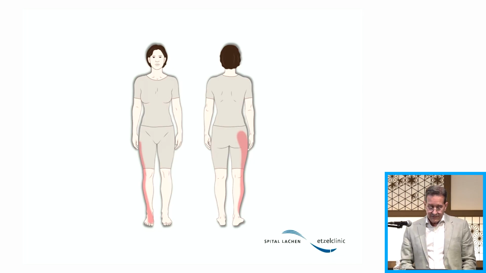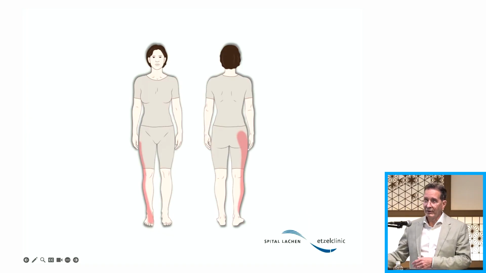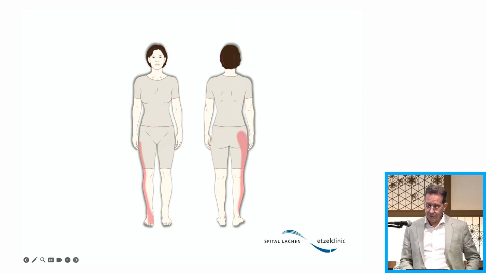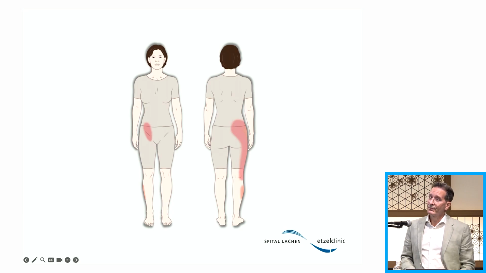Well, in fact, it's very easy. If you have the foot included, then we're talking L5 or S1. If the foot is not included, then we're talking pseudoradicular, which comes from the SI joint. So the difference really is the foot.